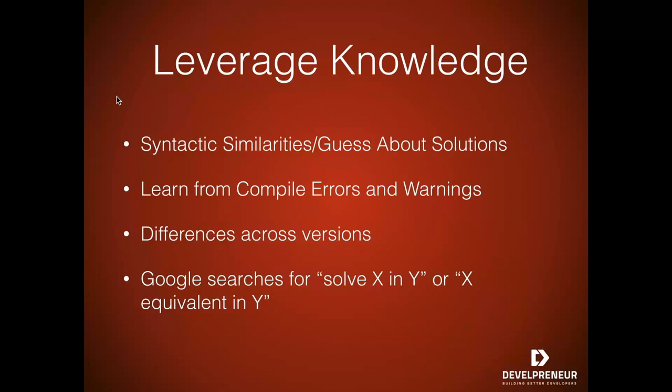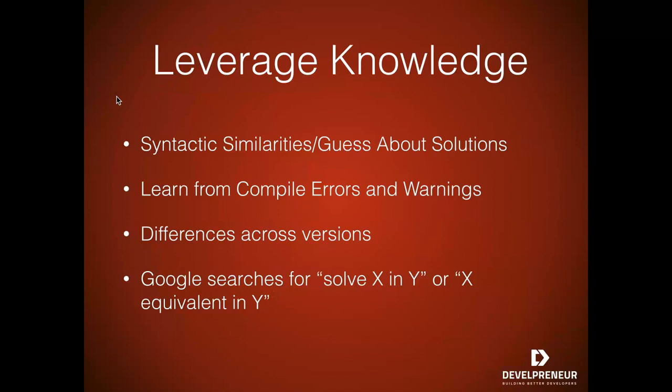This is really important in the world of Google, because you may search for something and you're looking at your code and the code that Google's pointed you to, saying, okay, this should work. Well, one of the things you may have run into is, what version is this? Oh, Google's showing me version 2, but I'm on version 3. So maybe I've got to do some more searches around that.